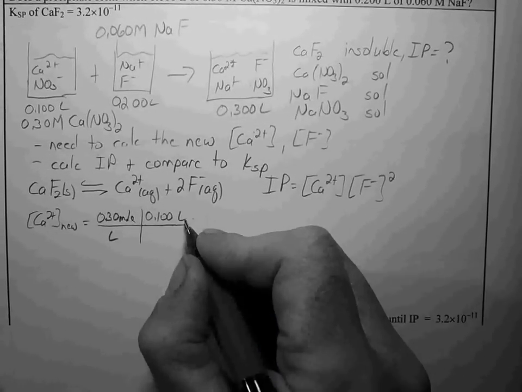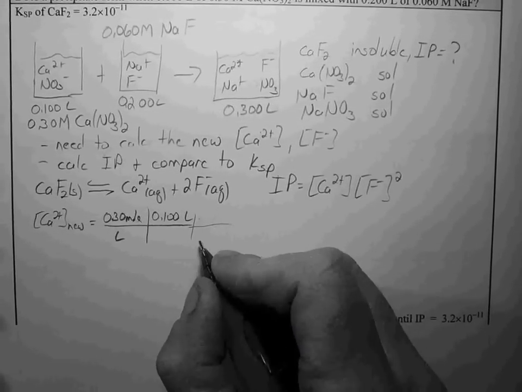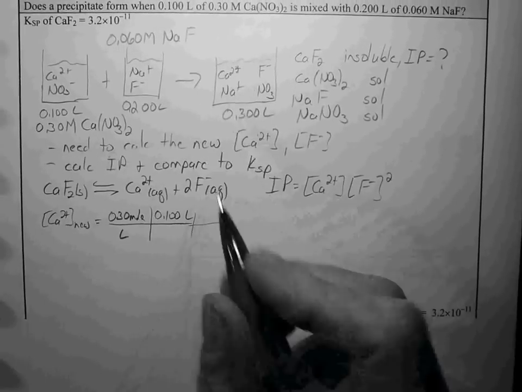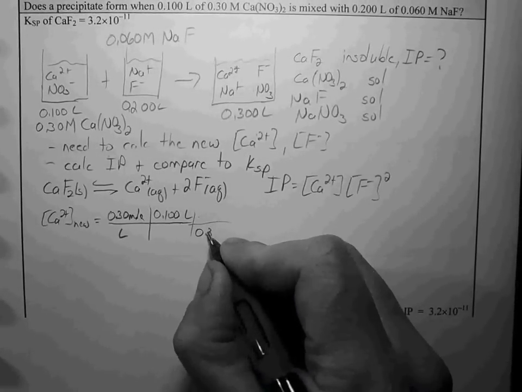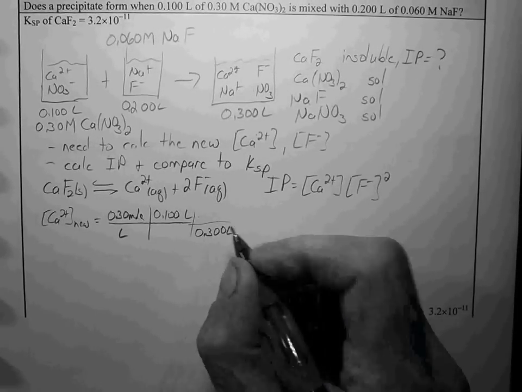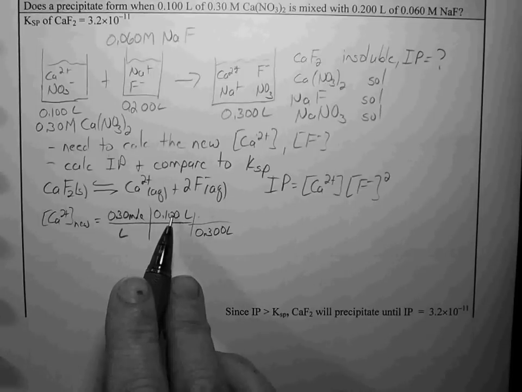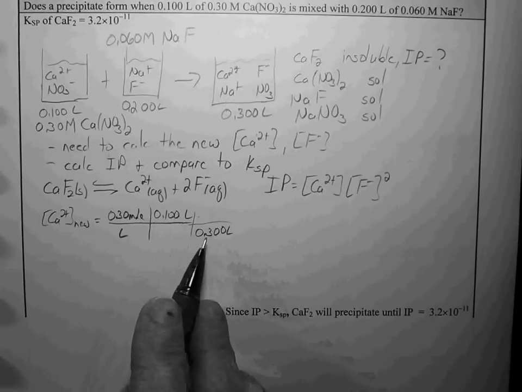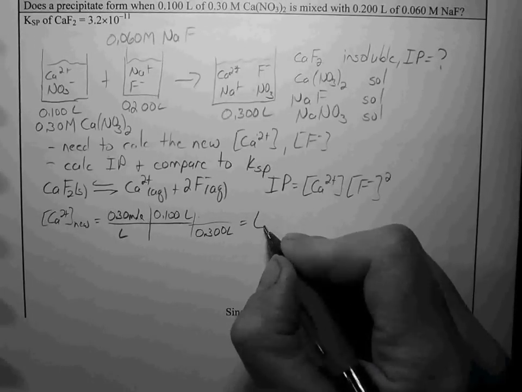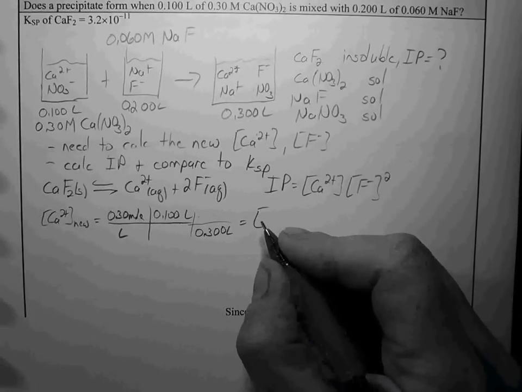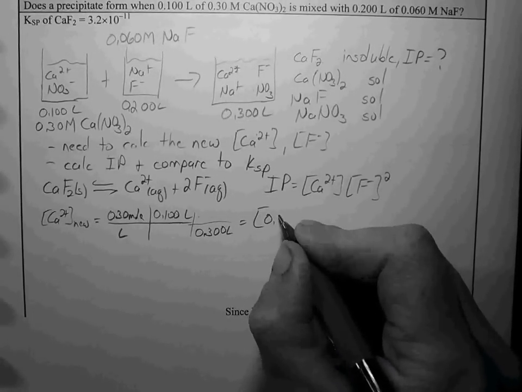We do a separate calculation. Our new volume is our 300 milliliters or 0.300 liters. So these two together give the number of moles of calcium 2+. We divide by our new volume, and our new concentration of calcium 2+ is 0.100.